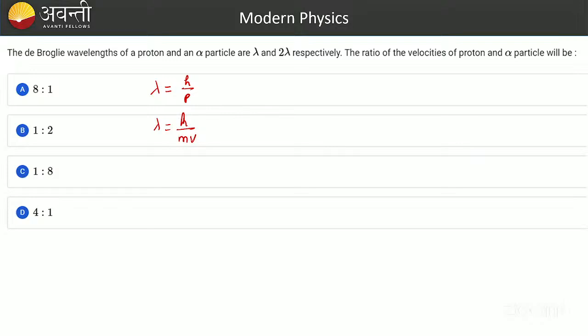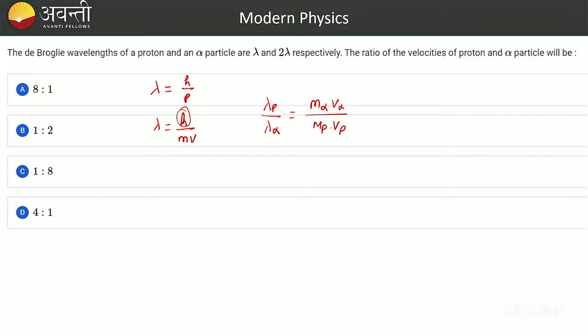Now if h is constant, we know that lambda is inversely proportional to mass into velocity. So we can say lambda of proton to lambda of alpha is equal to mass of alpha times velocity of alpha particle, upon mass of proton times velocity of proton, because it is inversely proportional.